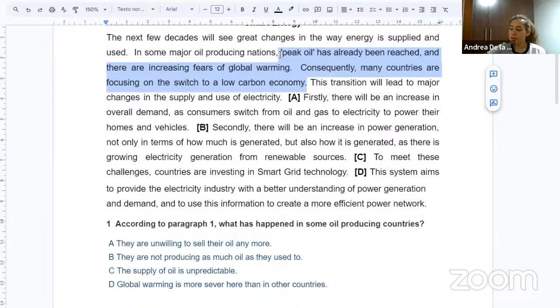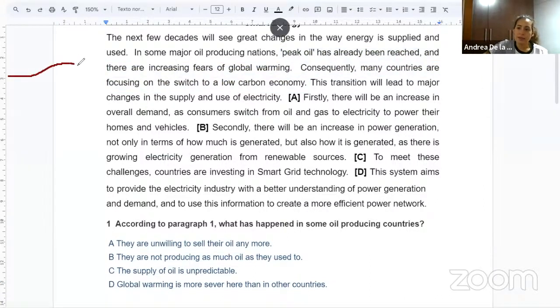It's like the top. So peak oil has already been reached. That means that the maximum point of oil production has already been reached, right? Maybe they were something like this. So this is the peak, the maximum point, and it has already been reached. That means that they are producing less oil than they used to, right? They are not producing as much as they did at the peak of oil.